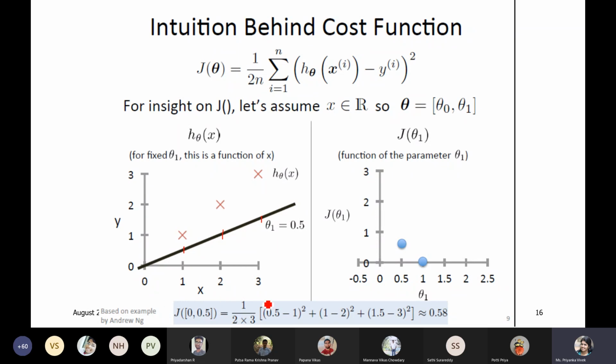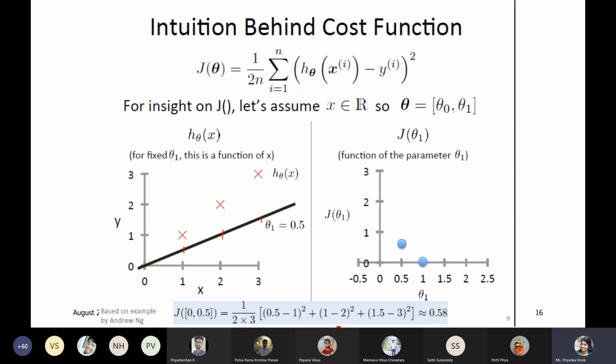The first point predicted was 0.5, actual was 1, so the difference squared. The second point predicted was 1, actual was 2, the difference squared. The third was 1.5 but actually 3, so that difference squared. Approximately this is 0.58.